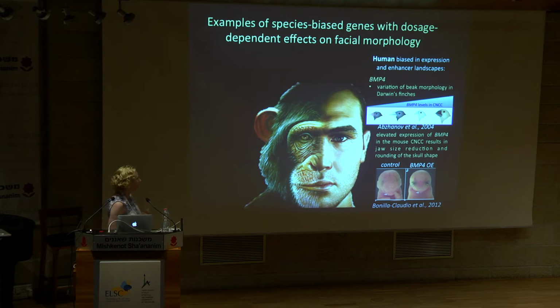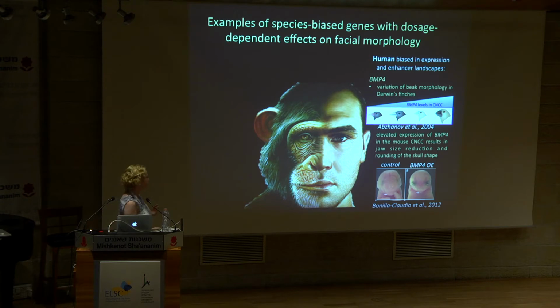And moreover, elevated expression of BMP4 specifically in the neural crest cells, when done in the mouse with a neural crest specific driver, results in jaw size reduction and rounding of the skull shape. And these are interestingly two features that are really quite characteristic of human facial morphology.